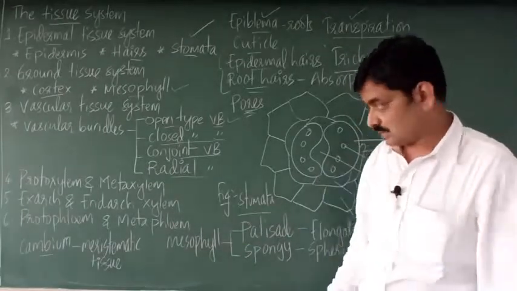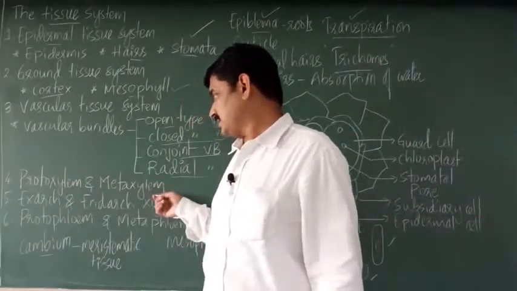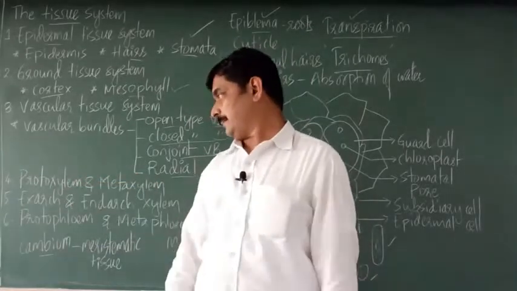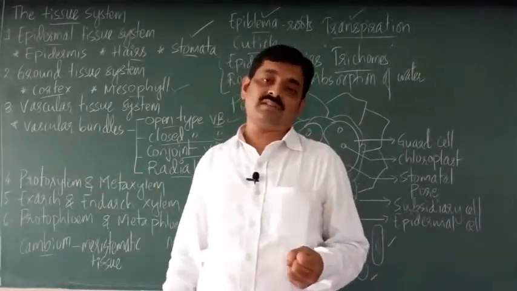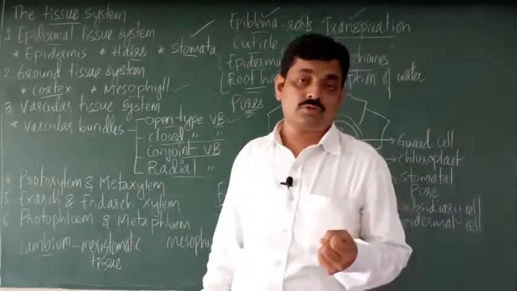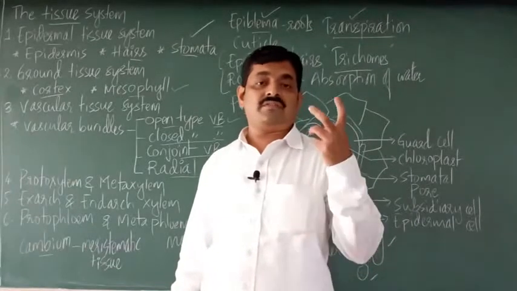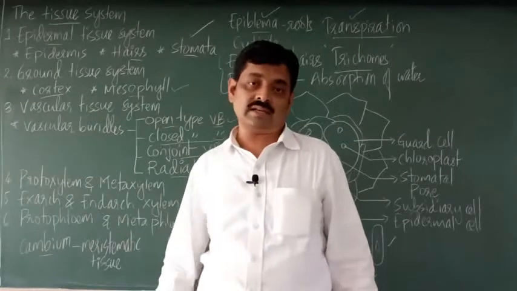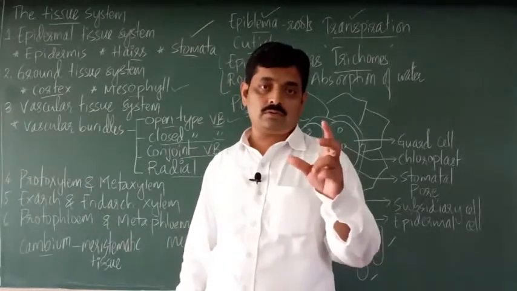Then the next concepts here are protoxylem and metaxylem. So protoxylem is the first formed xylem, right? So in the roots, the first formed xylem is always called protoxylem, which is usually small.